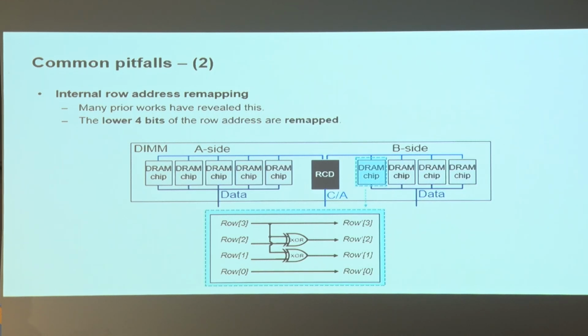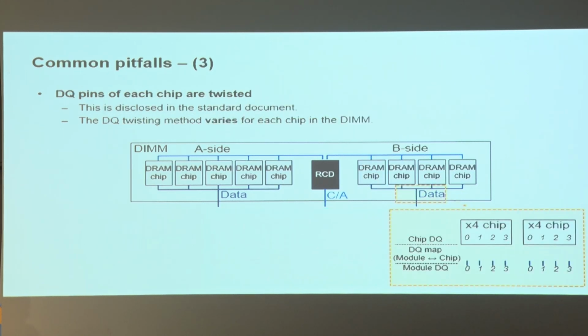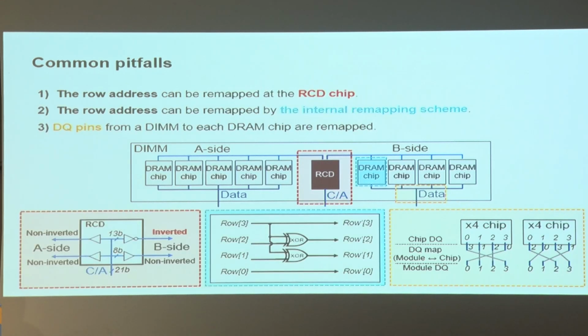Many prior works, including ours, have identified this using single-sided Rowhammer attack. Finally, the DQ pins between a DIMM and each chip are twisted. This is an example showing how the twists occur. Additionally, the data is twisted differently for each chip. So considering these pitfalls, we experimented and analyzed DRAM chips accurately.